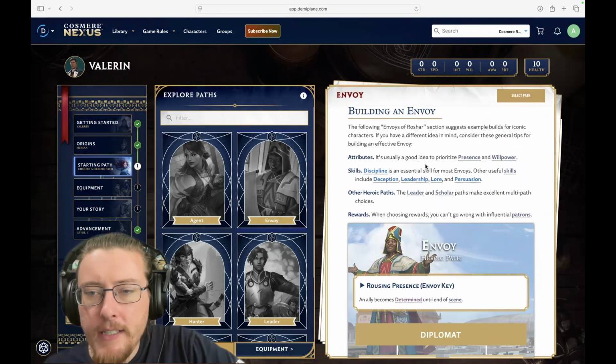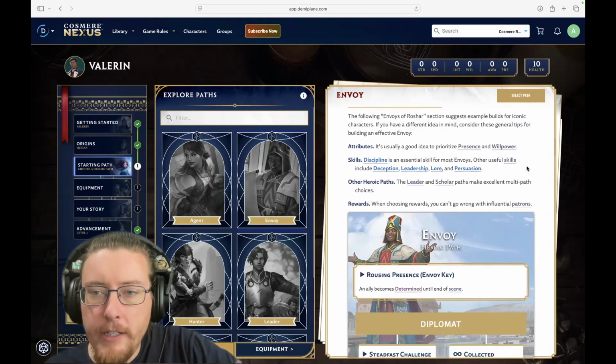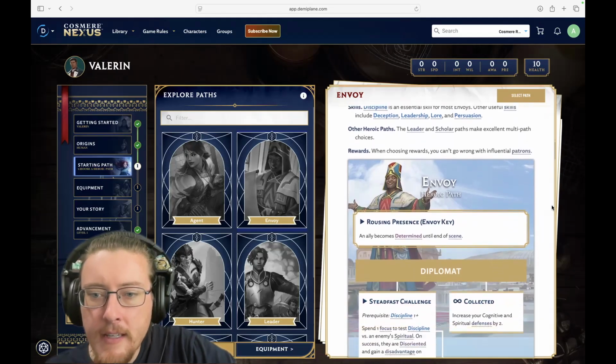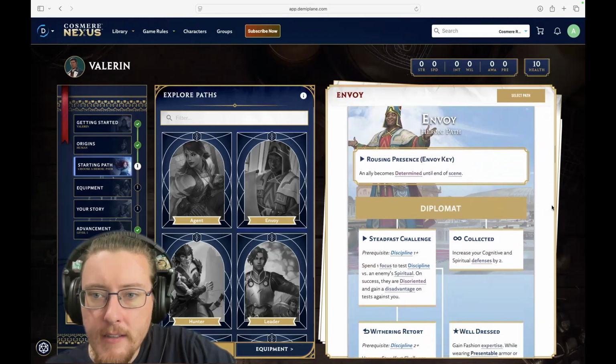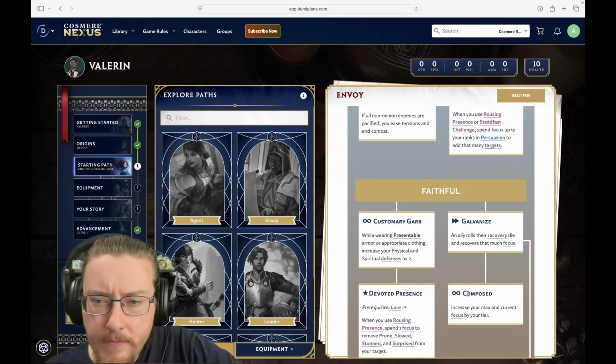They say it's a good idea to prioritize presence and willpower. As a character who is both Alethi and Veden, I think I'm going to prioritize presence unless some of these path traits, what do they call these?